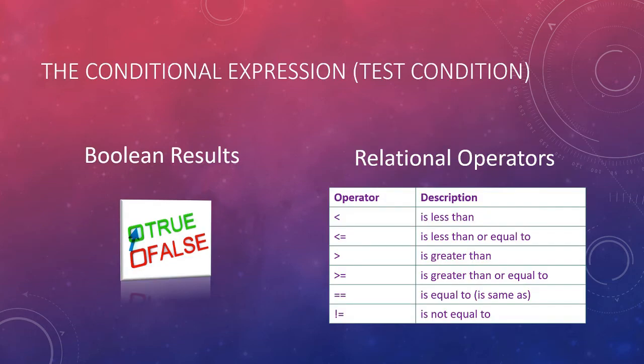When we're building our test condition, we can use the relational operators to compare variables or values to one another. So we can say, is this less than that, or less than or equal to that? Is this greater than or equal to that? Is it equal to that or not equal to that? So those are our options.